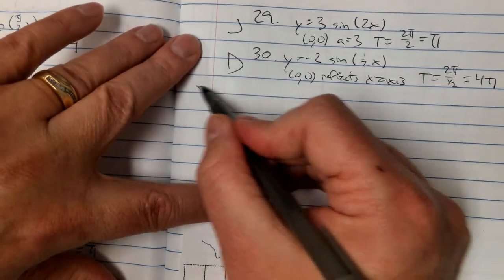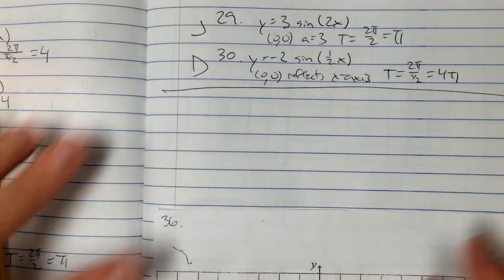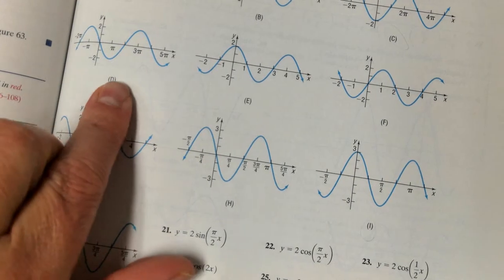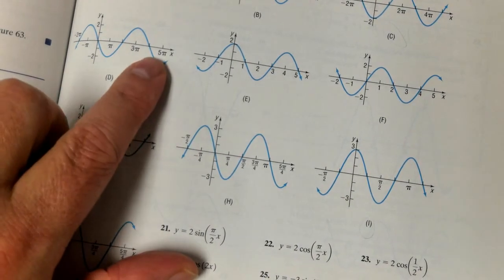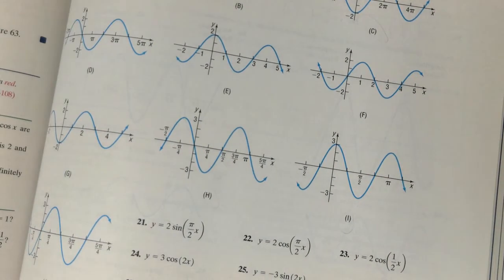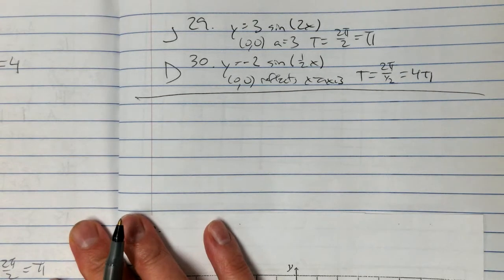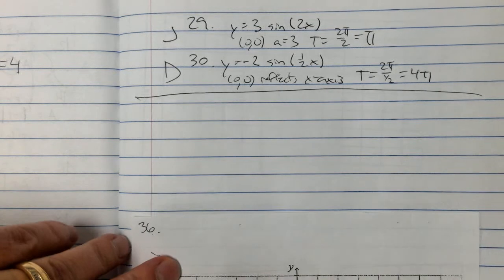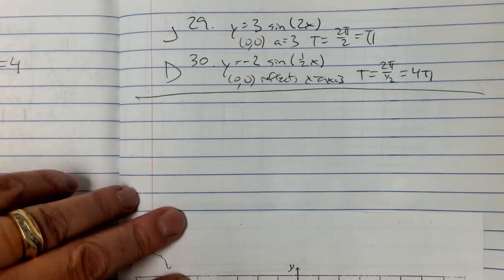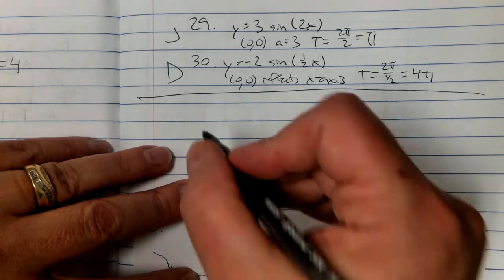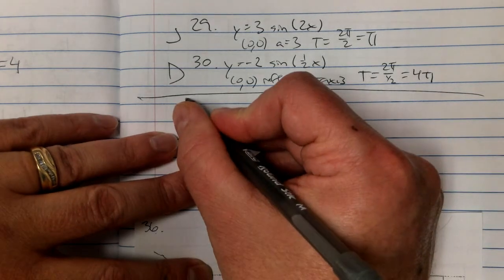So that's the D graph. There's your D graph, which goes from 0 to 4 pi, and maximum is 2. Okay, so there's those 10 questions. The next one we have is number 31.